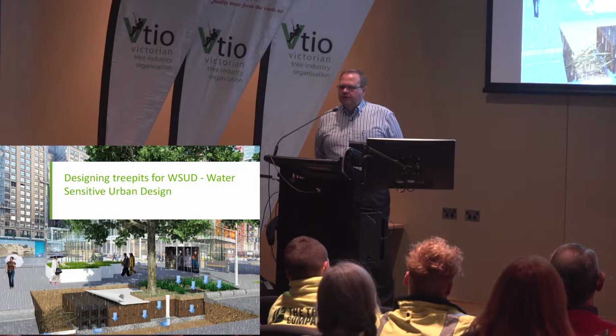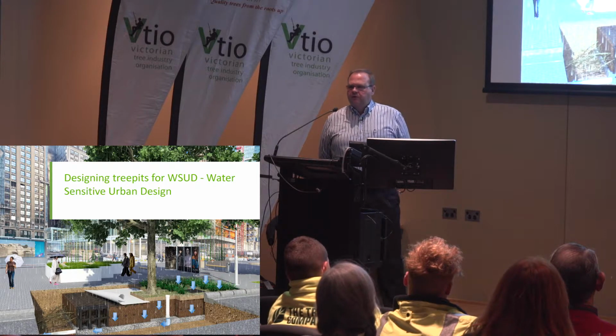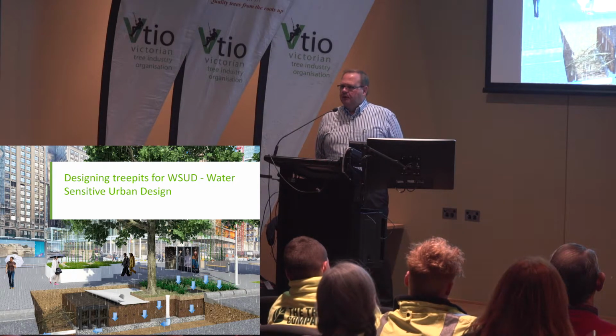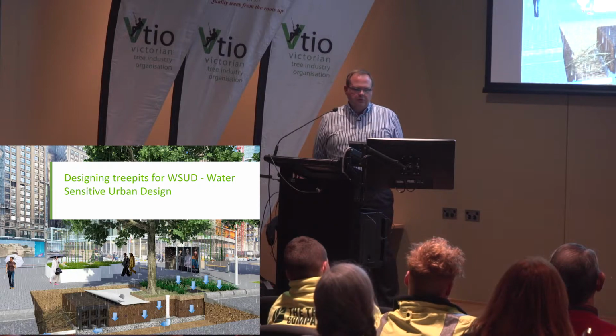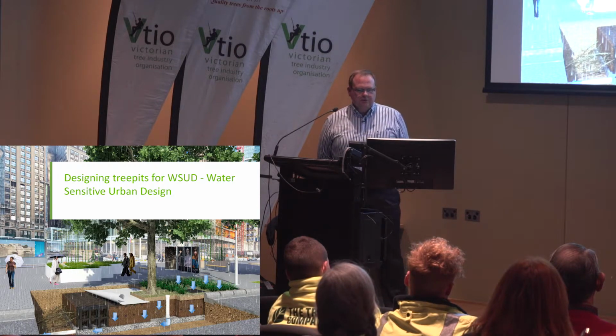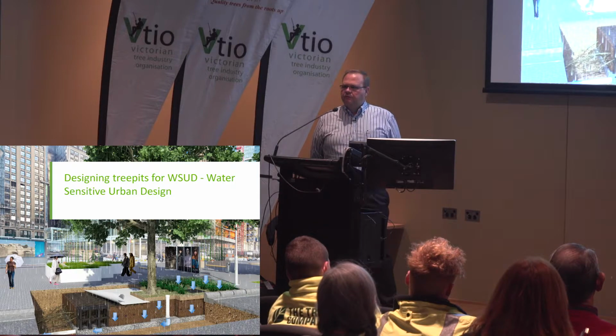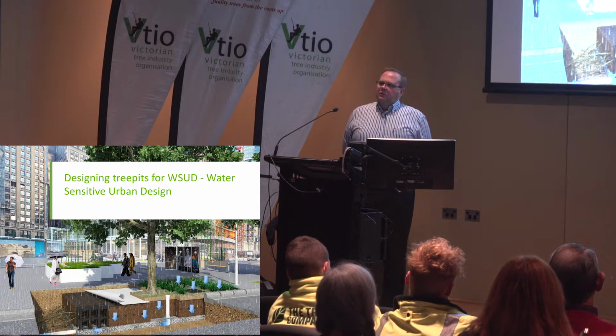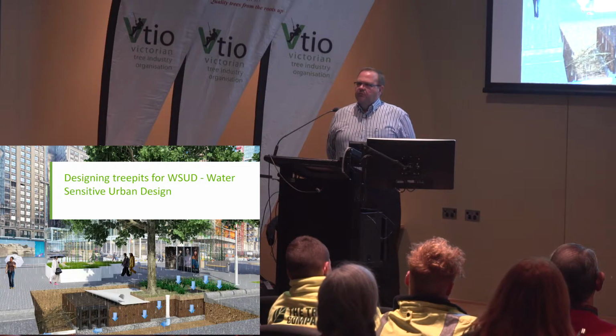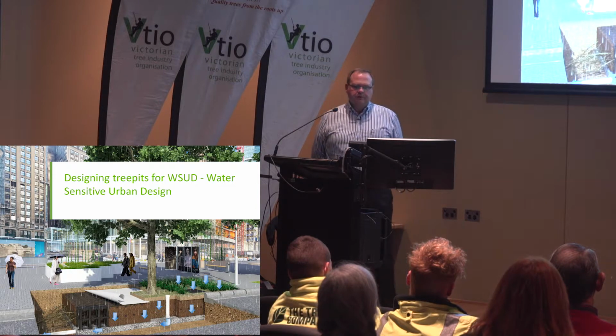Now, another aspect that runs parallel with this, and we strongly endorse it being done in conjunction with, is designing tree pits for water-sensitive urban design. Now, we've been doing this for a long time in a fairly basic sense in terms of passive irrigation, where we'll provide some curb cutouts and let the water off the road into a tree pit.